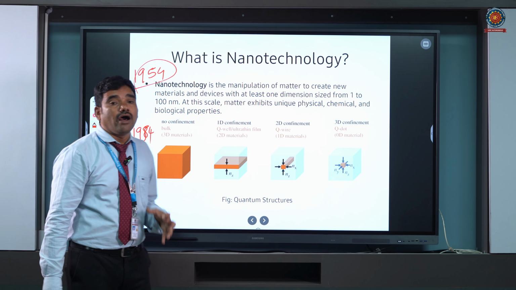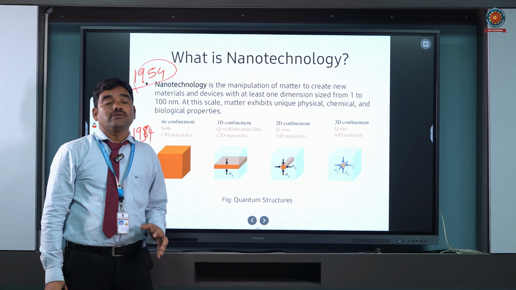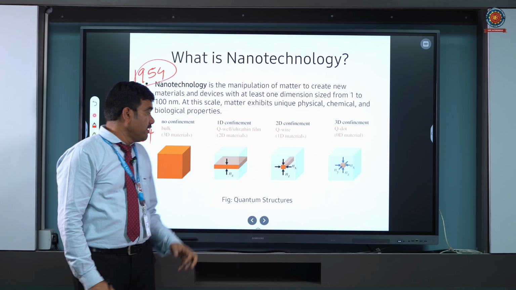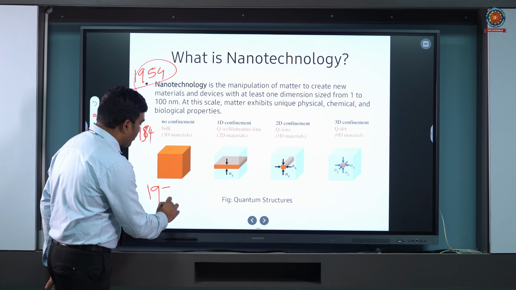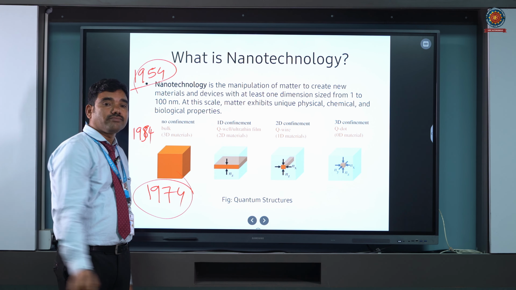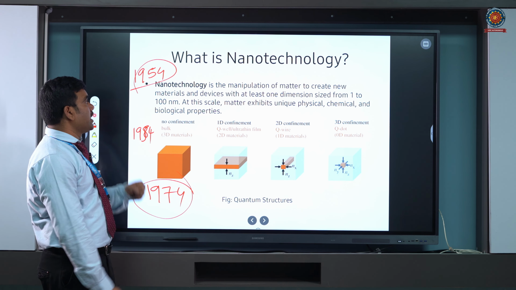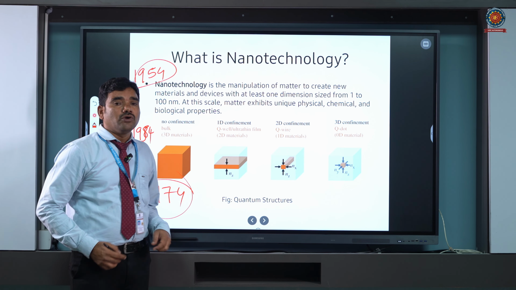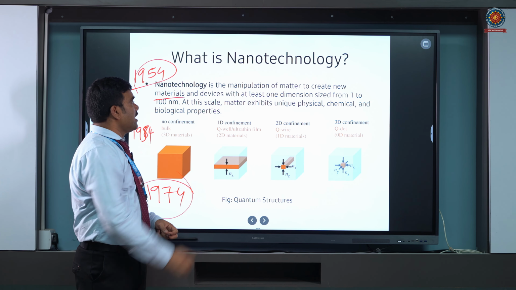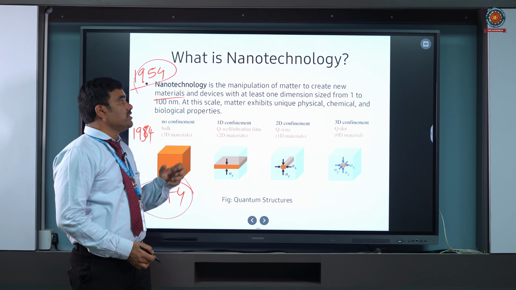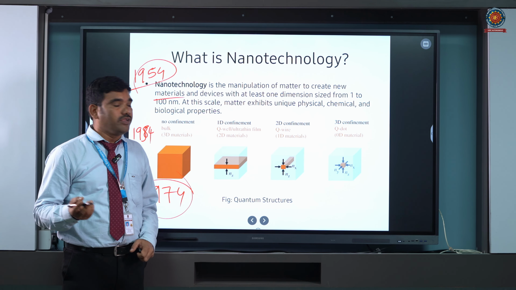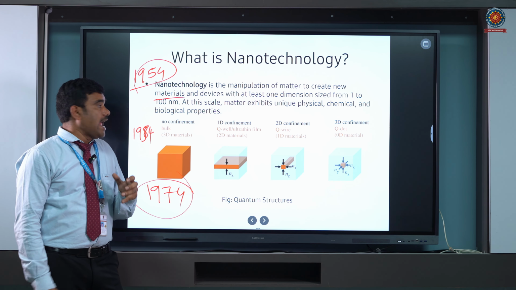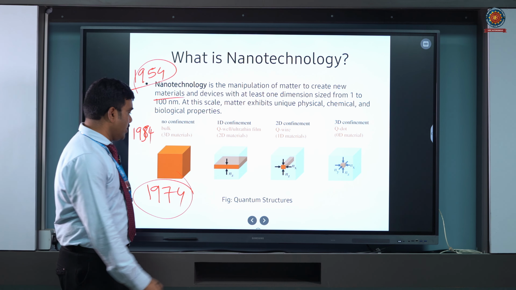Then nanotechnology was first introduced at the Tokyo Engineering Conference in 1974. Nanotechnology is the manipulation of matter to create new materials and devices with at least one dimension sized from 1 to 100 nanometers. At this scale, matter exhibits unique physical, chemical, and biological properties.